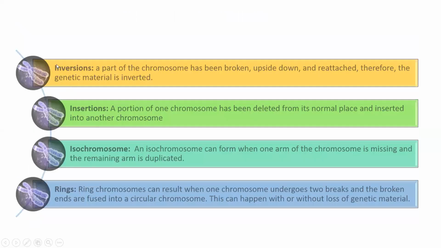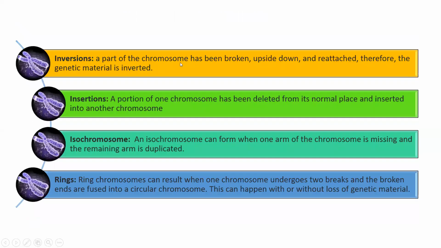Then next is the inversion. A part of the chromosome has been broken, turned upside down and reattached. Therefore, the genetic material is inverted. Then insertion. A portion of one chromosome has been deleted from its normal place and inserted into another chromosome. It is called insertion. Then isochromosome.